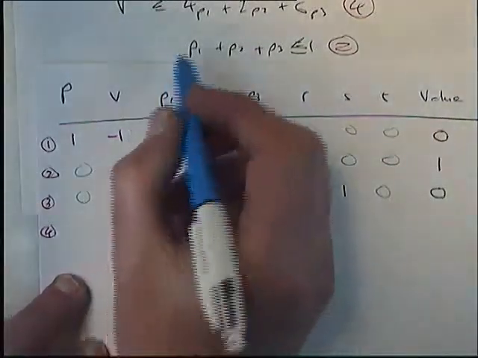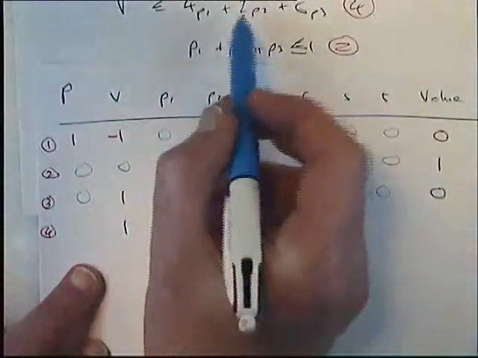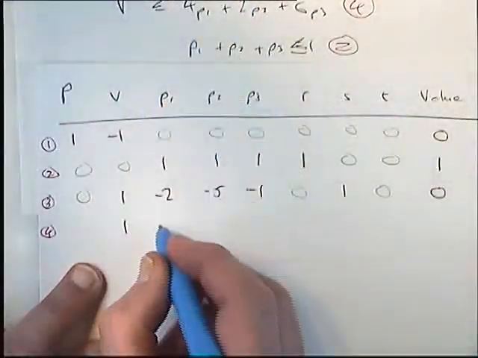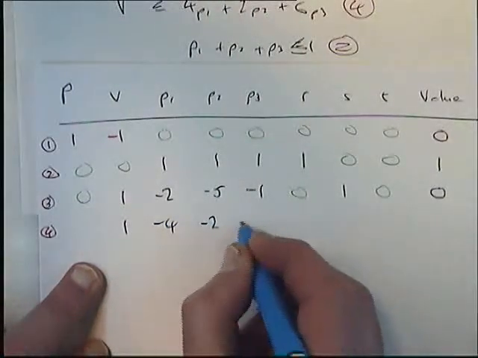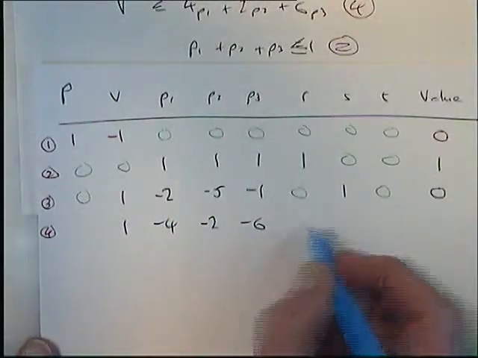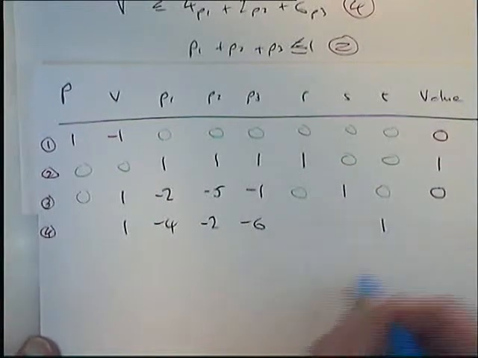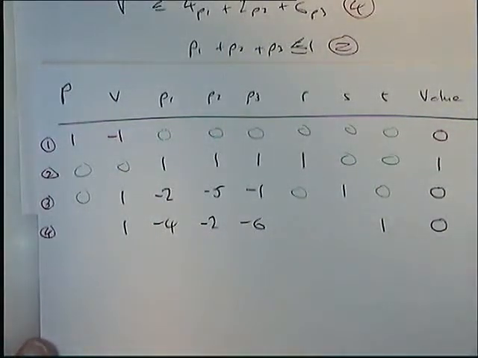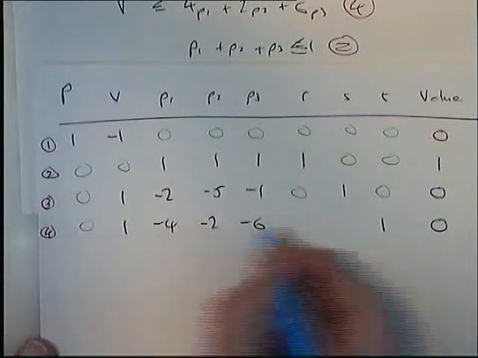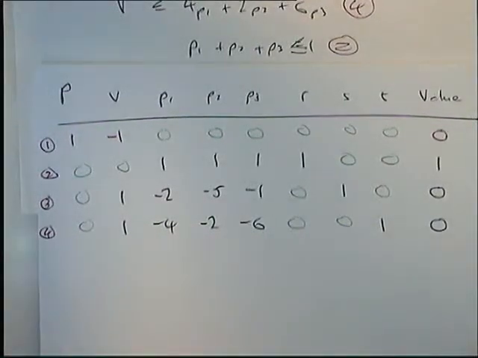So, again, I've got a V. These go across to the other side to become negatives, minus 4, minus 2, minus 6. I need to put a slack in, so I use my third slack variable. It has a value of 0, and every other entry is 0. So that is how they put that together.